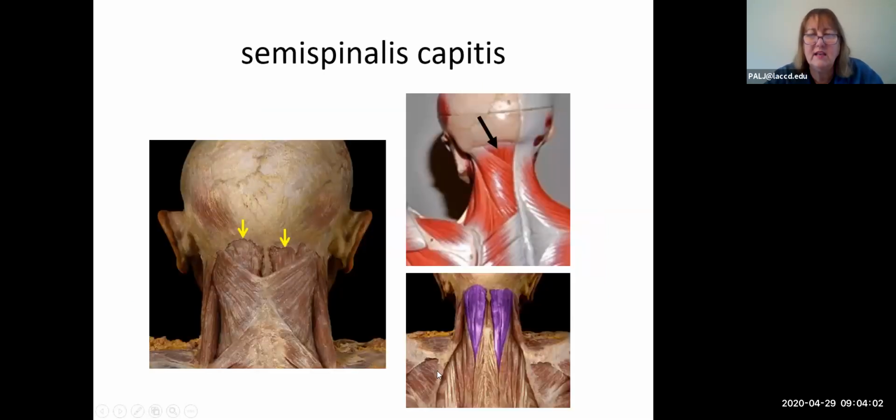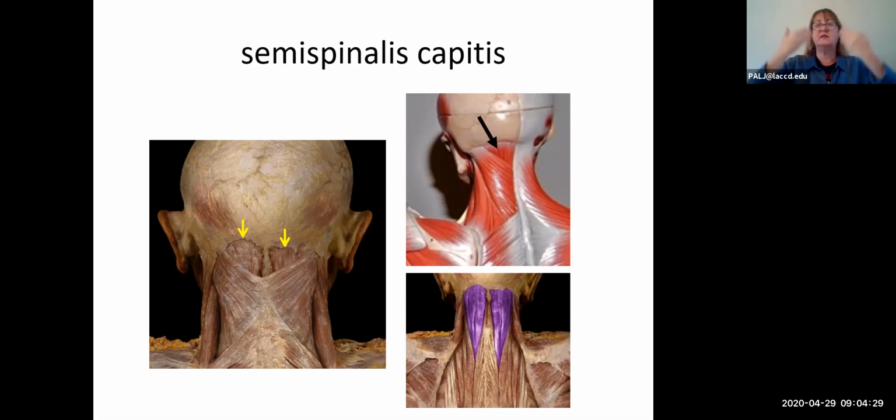Now, if we continue the erector spinae group up into the posterior neck area, we can clearly see that we have some muscles that continue the superior inferior direction, where the yellow arrows are on the human and on the model where the black arrow is. So these upright ones in the neck area, when they contract, help you extend your neck.